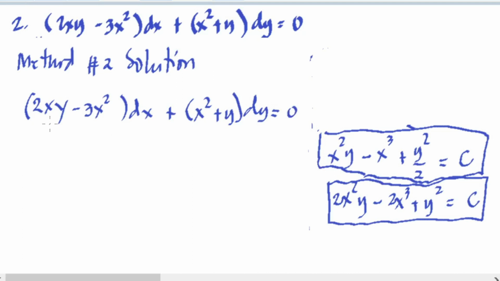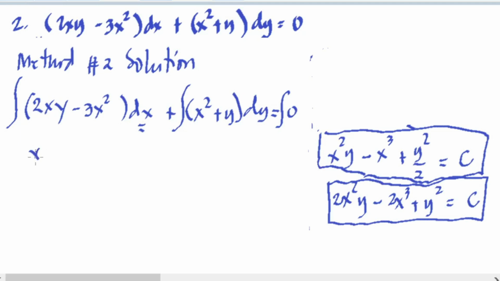What you have to do is you just have to integrate everything, for as long as you have undergone the test for exactness and have already proven that this equation is exact, so you can proceed with this solution. Okay, what is the integral of this one with respect to dx?